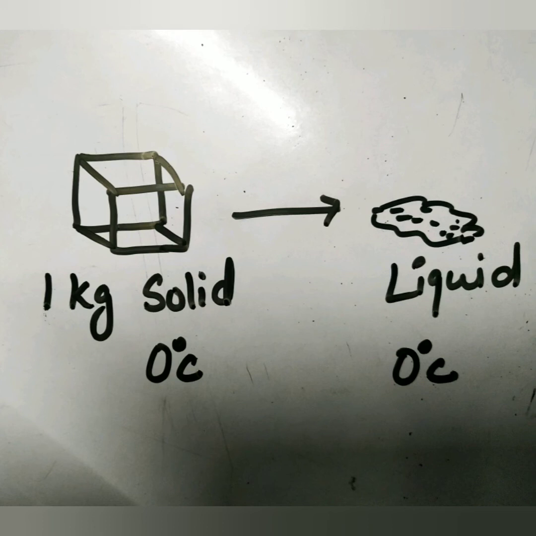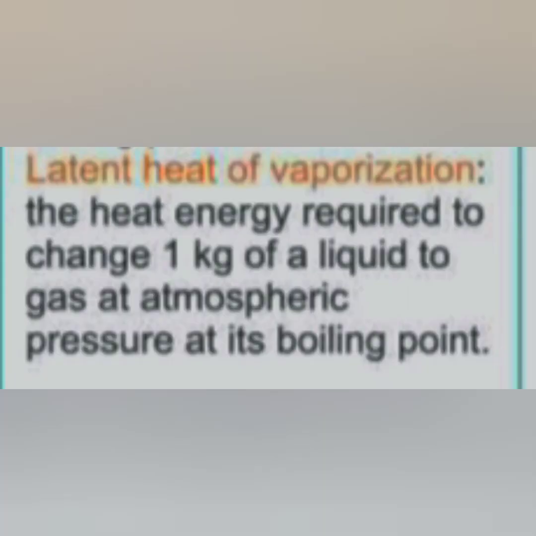to convert solid into liquid. Latent heat of vaporization: the heat energy required to change 1 kg of liquid into gas or vapors at atmospheric pressure. Heat energy, I am again saying heat energy. We do not require to raise or change the temperature.